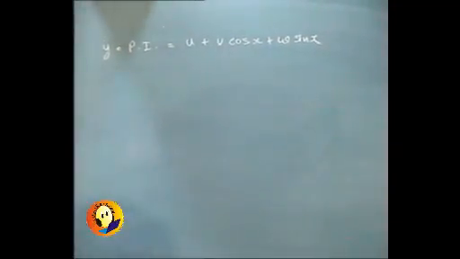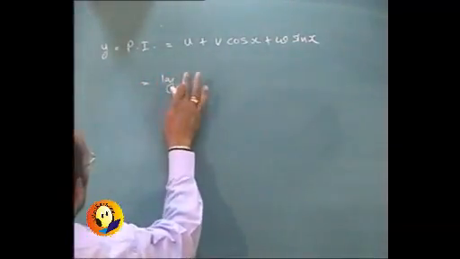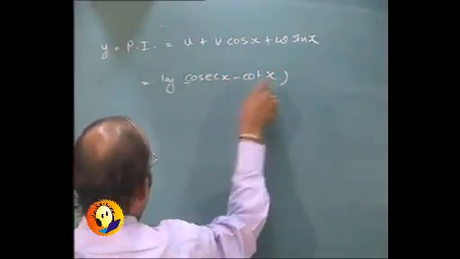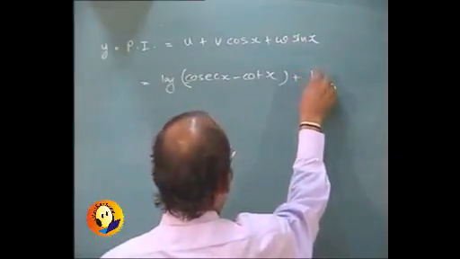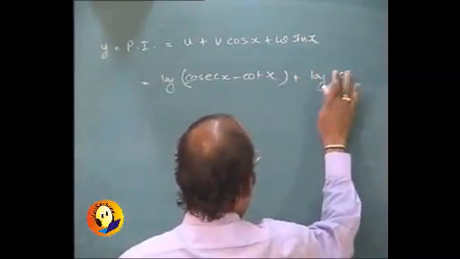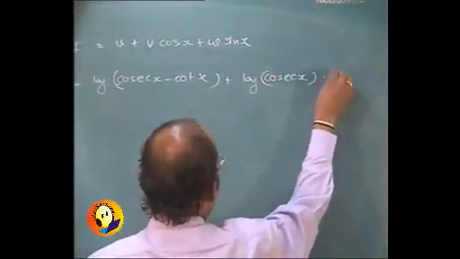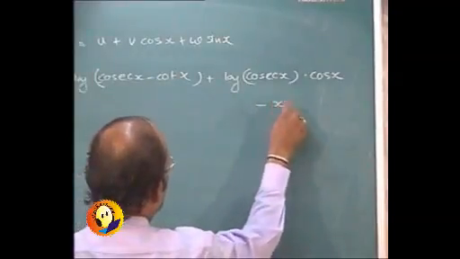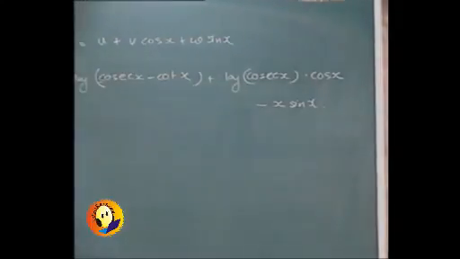And if we substitute, you will get the answer as log of cosec x minus cot x. V, when we substitute, it will be log of cosec x into cos x. And w, when we substitute, it will be minus x sin x. And y equal to yc plus yp.